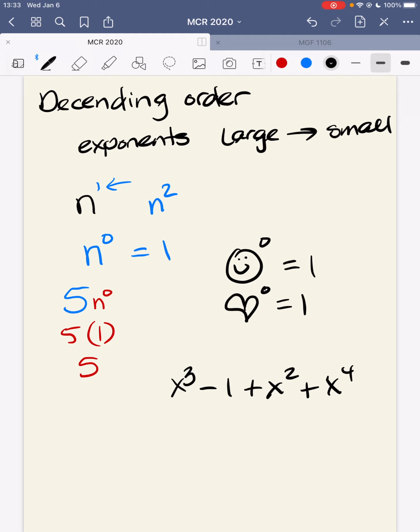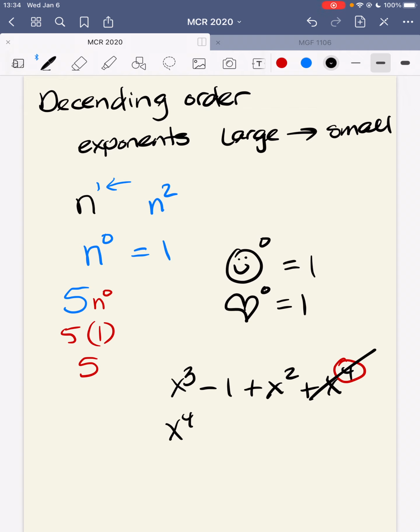And I want to reorder it in descending order, which means I need to look for my largest exponent, which in this case is 4. And all I'm redoing is reordering this. All right. So how I like to do this is I say, okay, my highest exponent is 4. So I have x to the 4. First, when I have a lot of terms, I just cross it out. Okay, and I don't deal with it and I don't look at it again. My next highest exponent is 3.